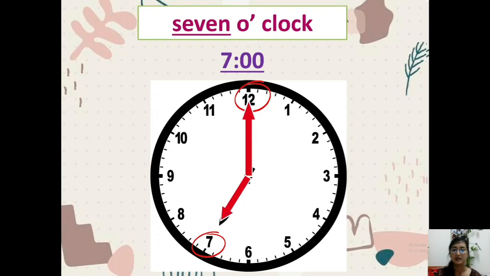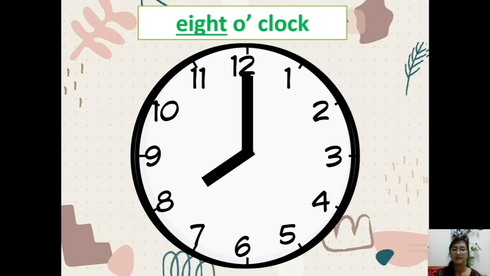It's 7 o'clock. The next one is, if the long hand points to 12 and the short hand points to 8, then the time is 8 o'clock. It's 8 o'clock.